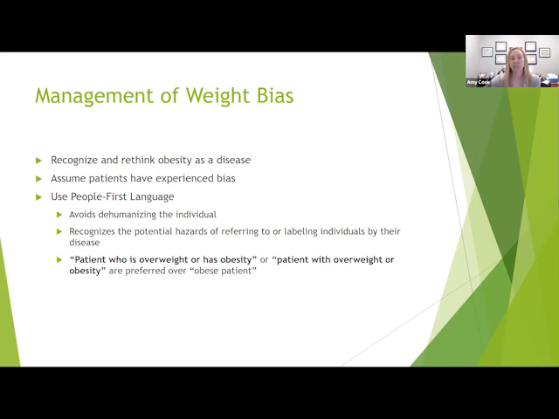So we don't say it's a cancerous patient, it's a patient with cancer. Instead of saying a diabetic patient, it's a patient with diabetes. And along those lines too, it's not an obese patient, it's a person with obesity.